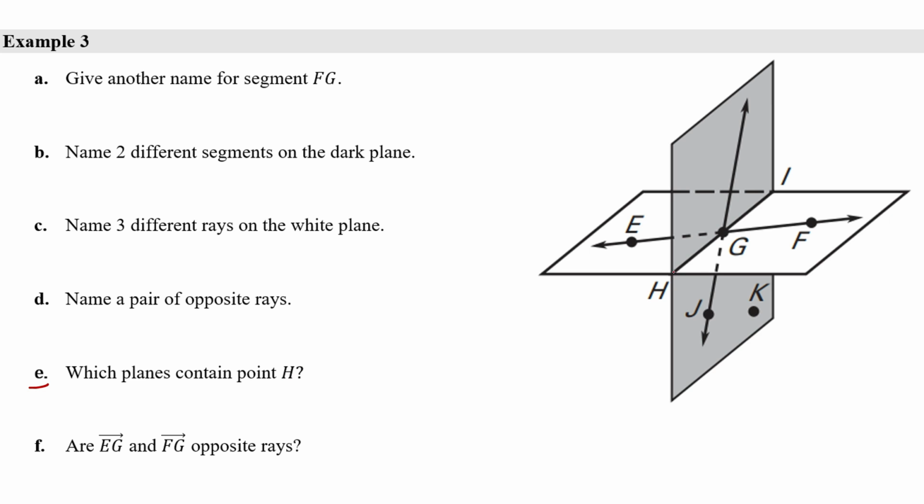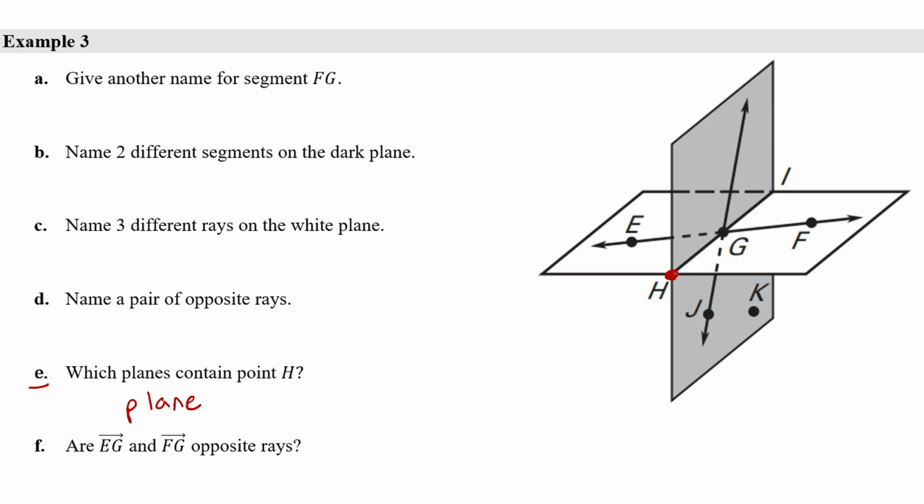All right, for example E, it says which planes contain point H. Okay, so here's point H, and you can kind of tell right there that both of those planes contain point H. So if I look at the white plane, I need to pick 3 points on the white plane to name that plane. So I'm going to pick 3 points. And once again, those points cannot be on the same line.